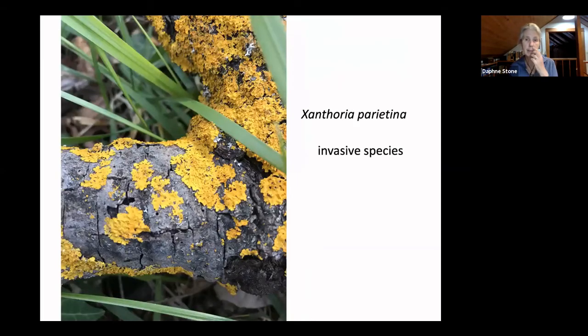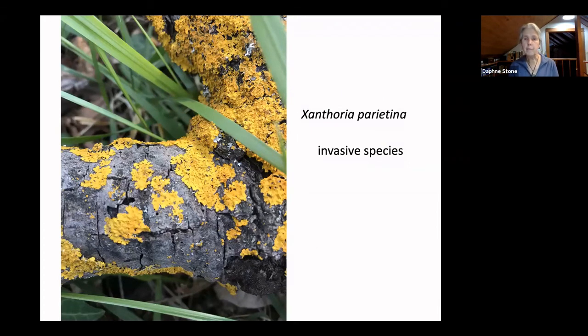But in this case, it's even more interesting. Here's Xanthoria parietina, a twig from that previous slide. Xanthoria parietina is an invasive species that came, I believe, from the East Coast, and it's being spread by nursery stock.